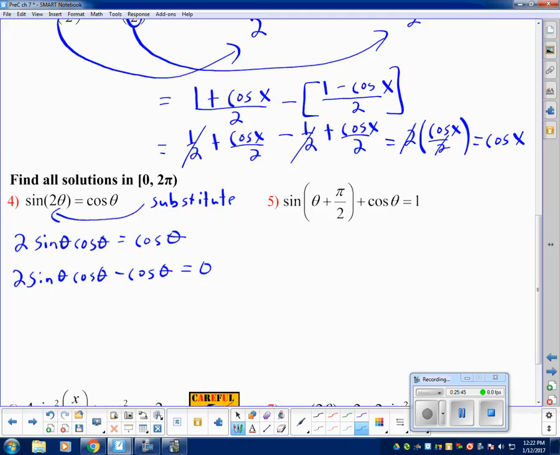So that is primarily what we use identities for: substitutions, so we can solve equations or integrate or differentiate. Okay? We okay on the substitution here? Yeah. So now, this is called factoring out the GCF. What's the GCF of these two terms? And what's left over when I factor out a GCF of cosine of theta?